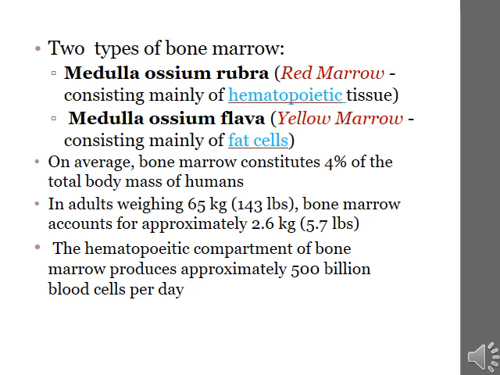In an adult, if the weight is 65 kg, then bone marrow accounts for approximately 2.6 kg. Okay, so these are a few things about the bone marrow, and the hemopoietic compartment of bone marrow produces approximately 500 billion blood cells per day.